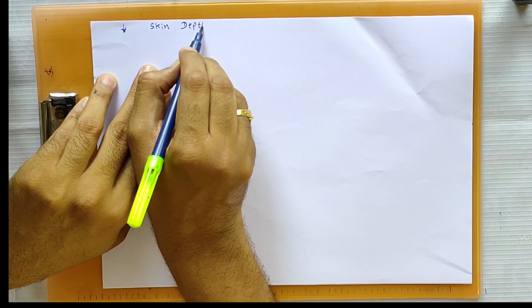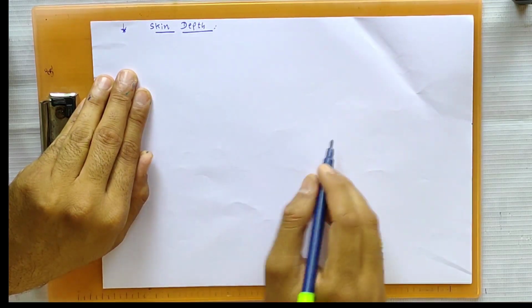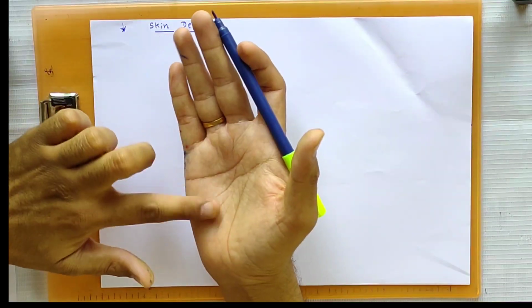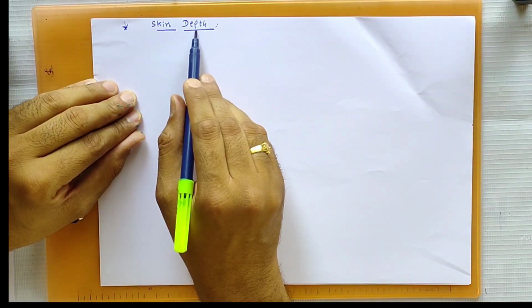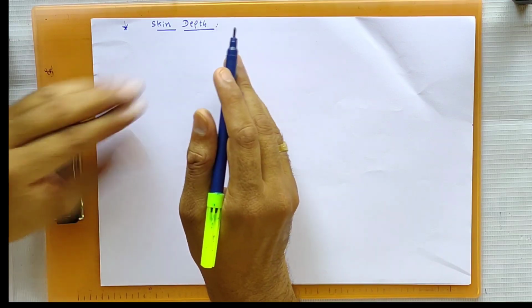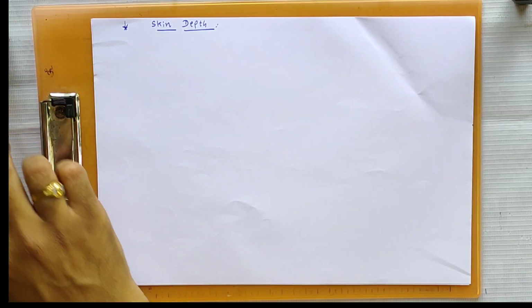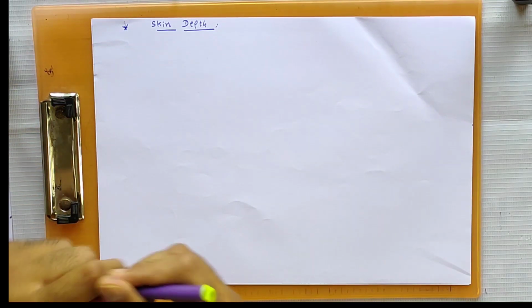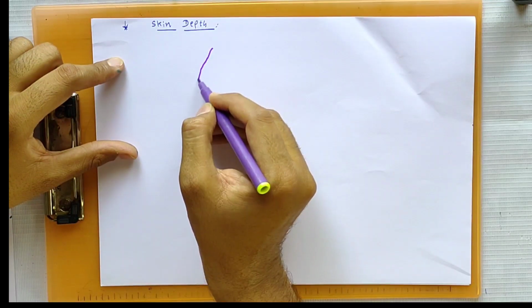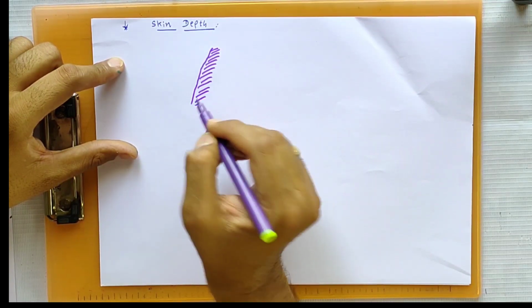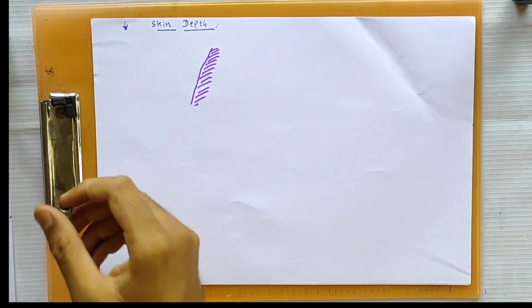Skin depth. The word says skin means our human body skin. Depth means the distance which is traveled by the electromagnetic wave. To understand this, I will draw here, suppose this one is a human body, and this medium is air.